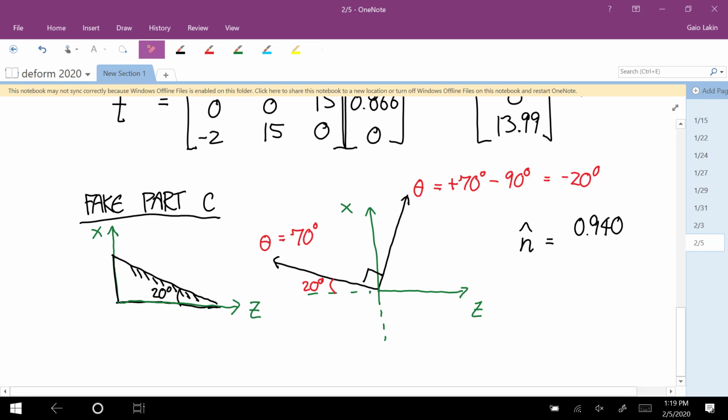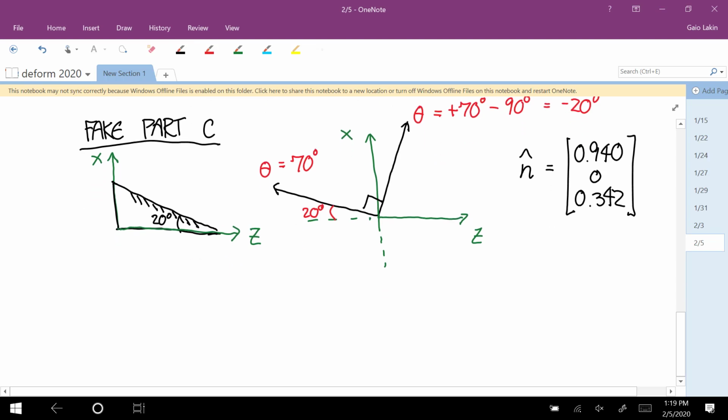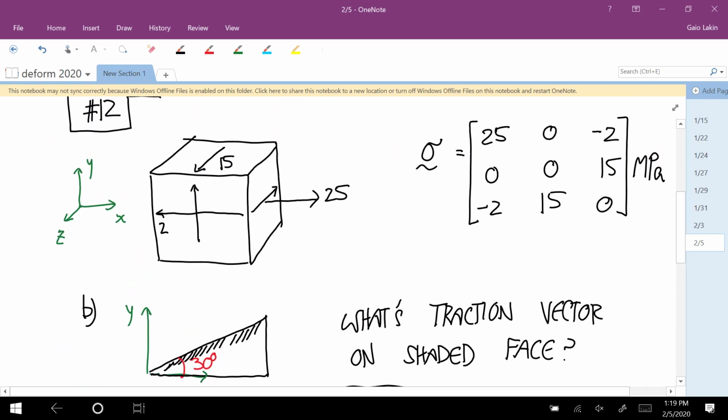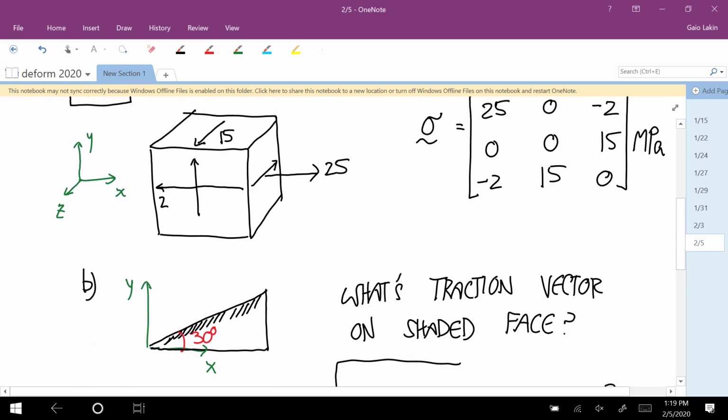It would have been better if you hadn't asked this, to be honest. Okay, now I'm realizing that I'm going to keep it in the XY. But anyways, you'd have that, and now it's the same: just take that stress tensor and multiply it by that outward facing unit normal.